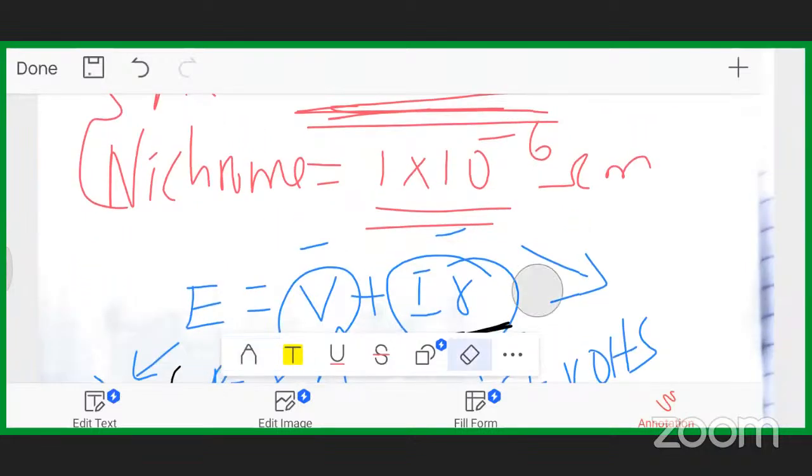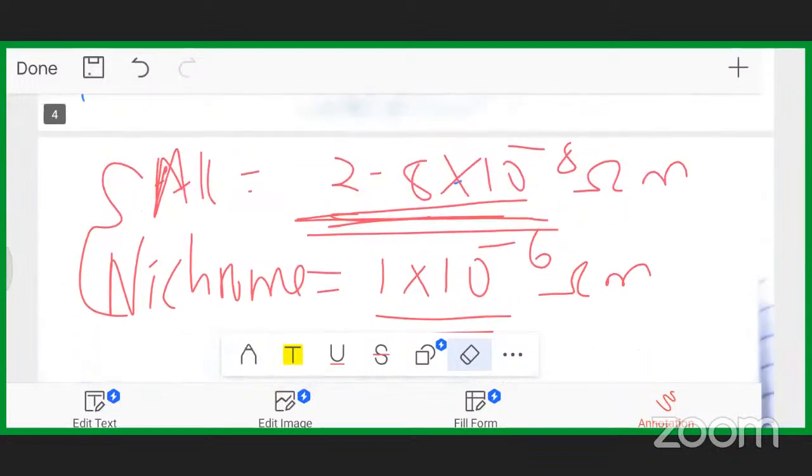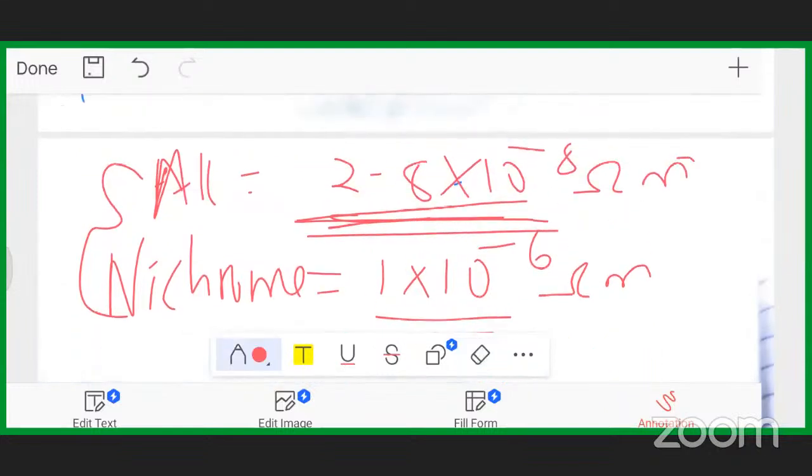Somebody is saying nichrome, somebody is saying aluminium. Which is a better conductor between the two? I've given you the values of their resistivities. It's aluminium. The resistivity of nichrome is much bigger. Very good.